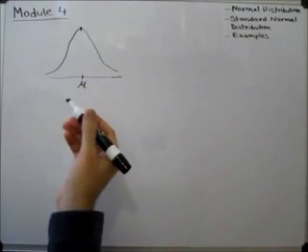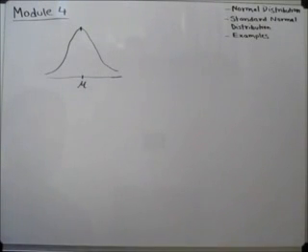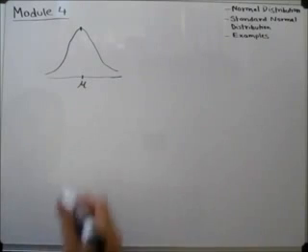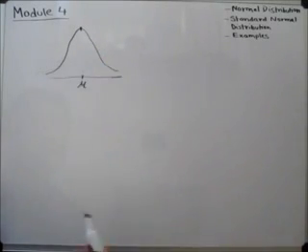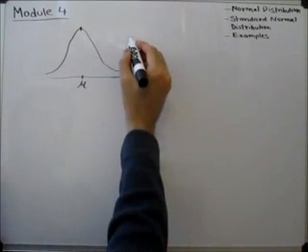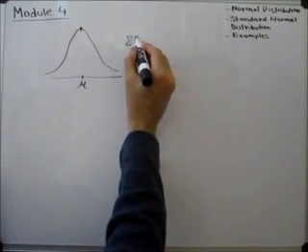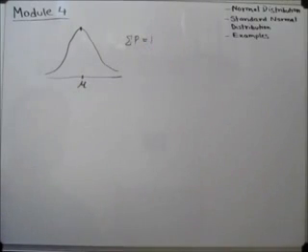Because this is the median, and we remember that median is the 50th percentile, then in terms of probability, the area under this curve represents the probability. And remember, the sum of probability should be 1.